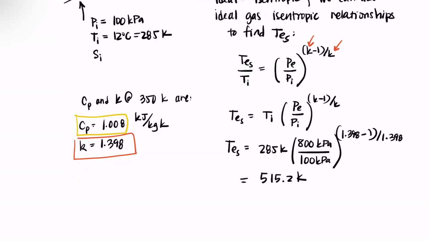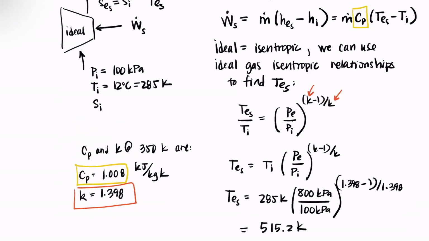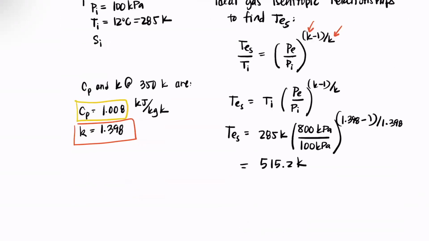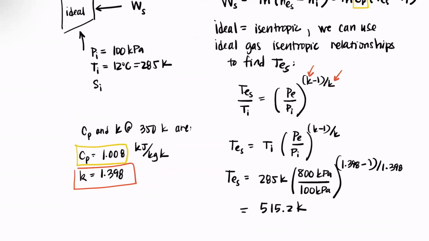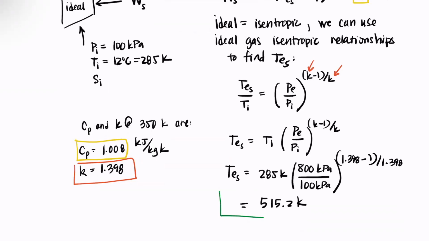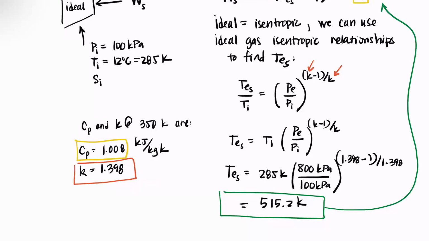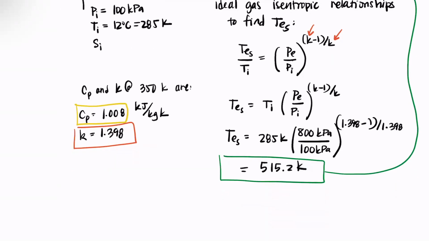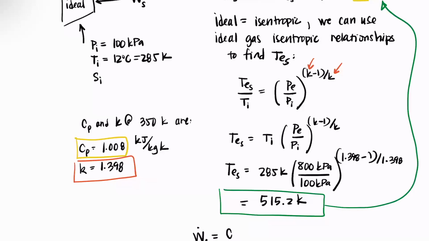All right, and so now I can use this to find my ideal power input. So I will take this guy and put it in here. So W dot S is M dot CP times TES minus TI.